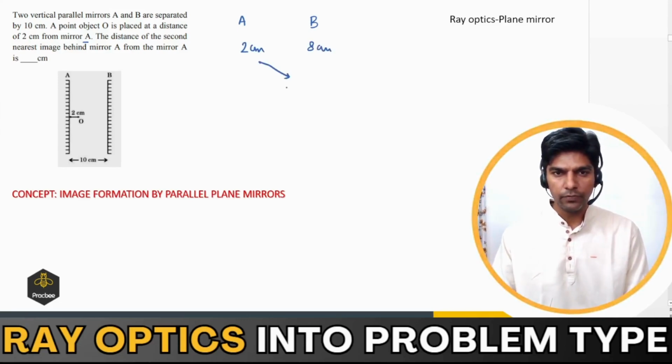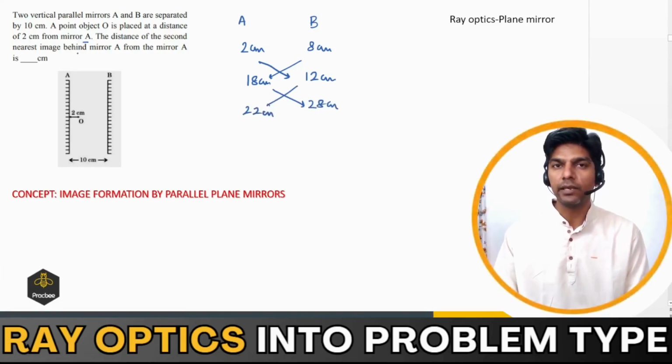Then if we add 10 to 2, it will become 12 centimeter. This will become 18 centimeter, and then 28 centimeter, and this will be 22 centimeter. And they're asking about the second image formed by the mirror A. So the answer will be 18, right?